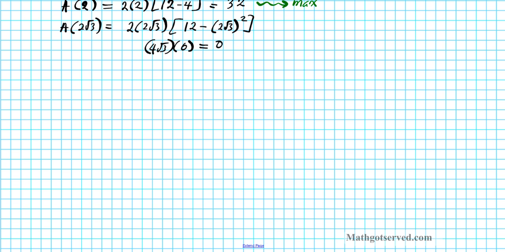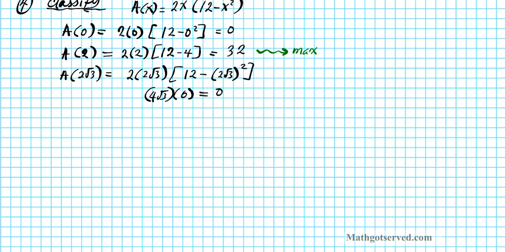Well, the problem asked for the dimensions of the rectangle for the maximum area. So let's state our conclusion. Part 5, conclusion. We said that the height is 12 minus x squared.